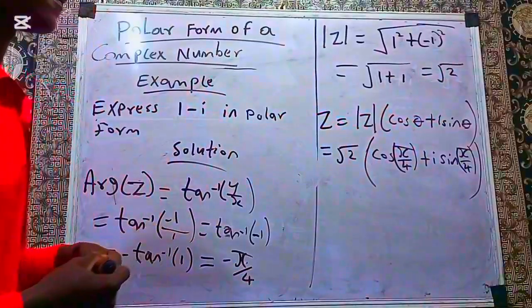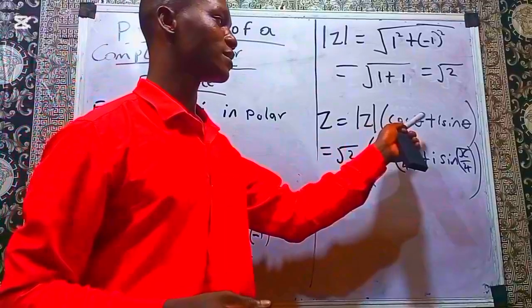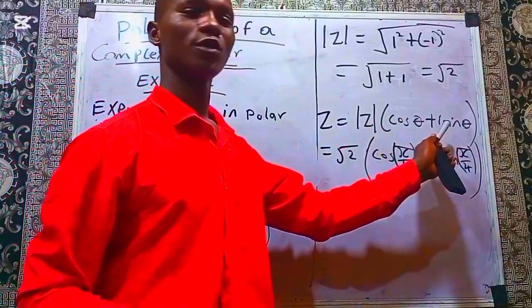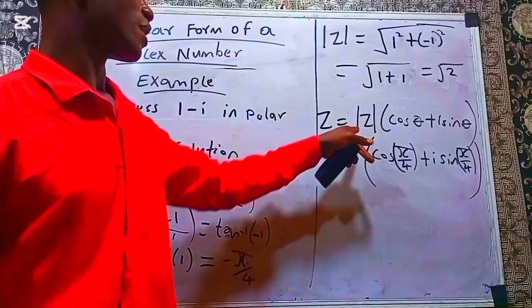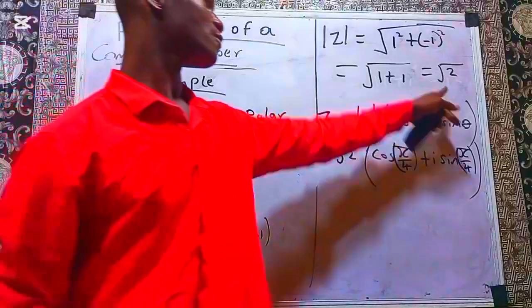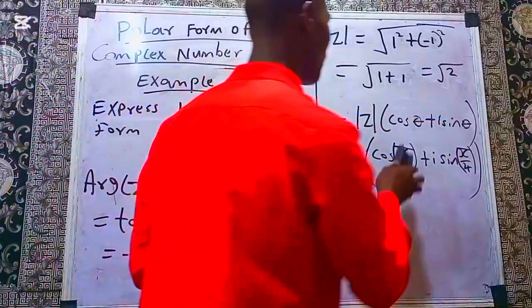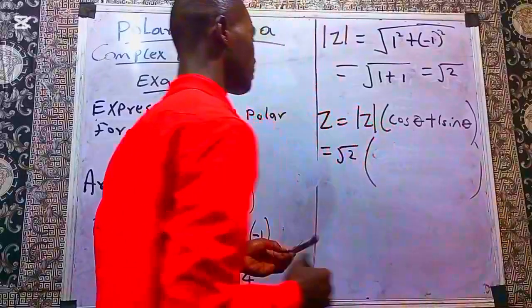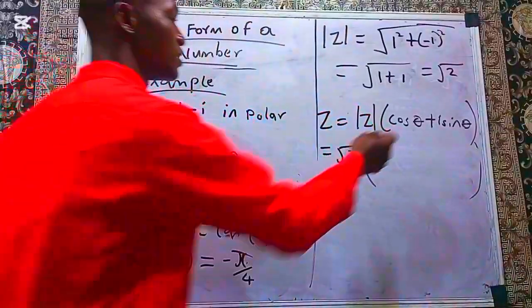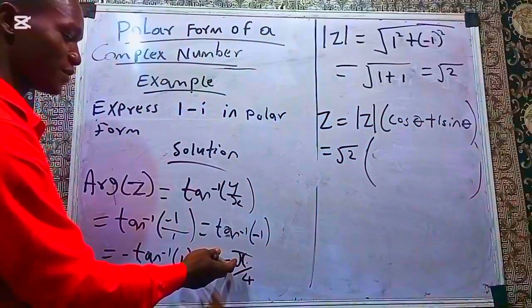So that's square root of 2. This formula still holds for the polar form of a complex number. The modulus of z is square root of 2. Then the one we have to change is theta, the principal argument, negative pi over 4.